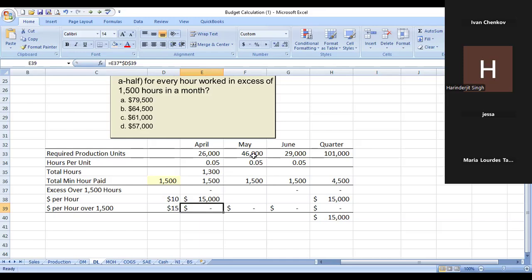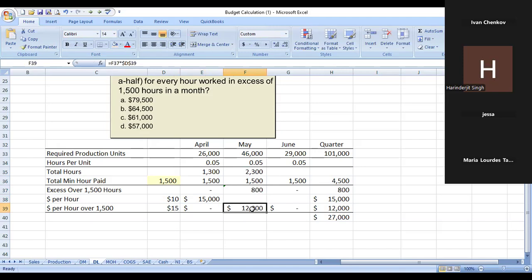In May, we need a total of 2,300 hours. Do we have excess over 1,500 hours? Yes. How many hours are those? 800 hours.